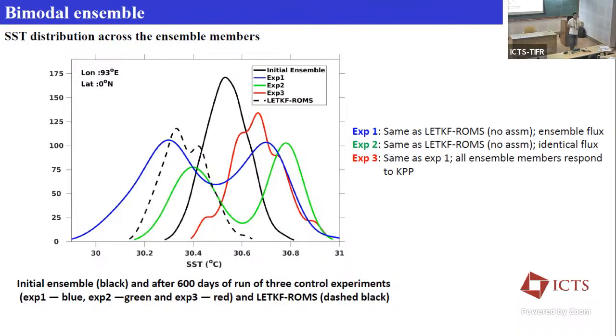This is if I simply let two models, one with KPP and one with Mellor-Yamada, run without any assimilation. One peak is for one mixing scheme, the other peak is for the other mixing scheme. So the problem is that I am violating that constraint of Gaussian distribution.